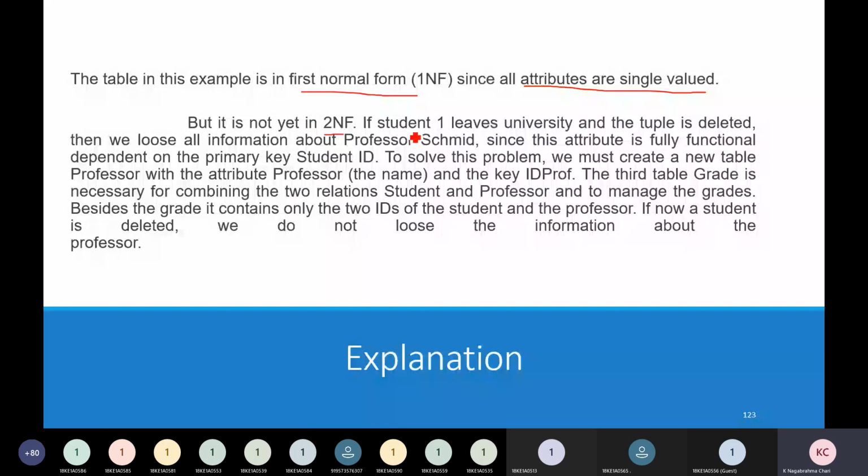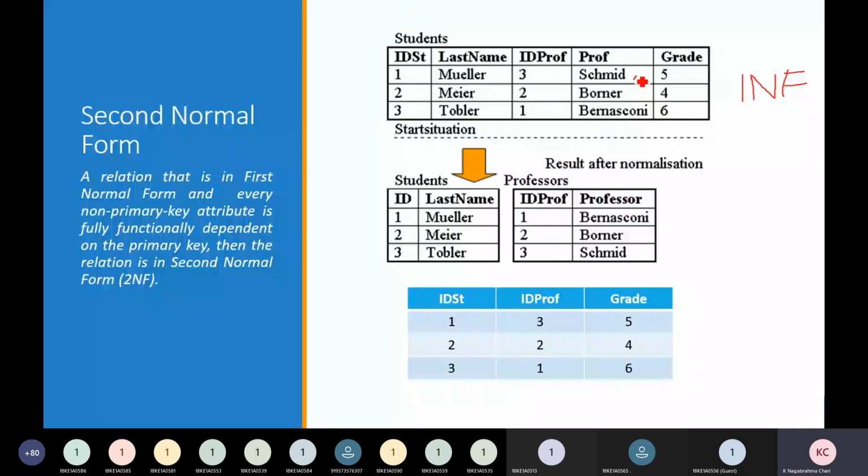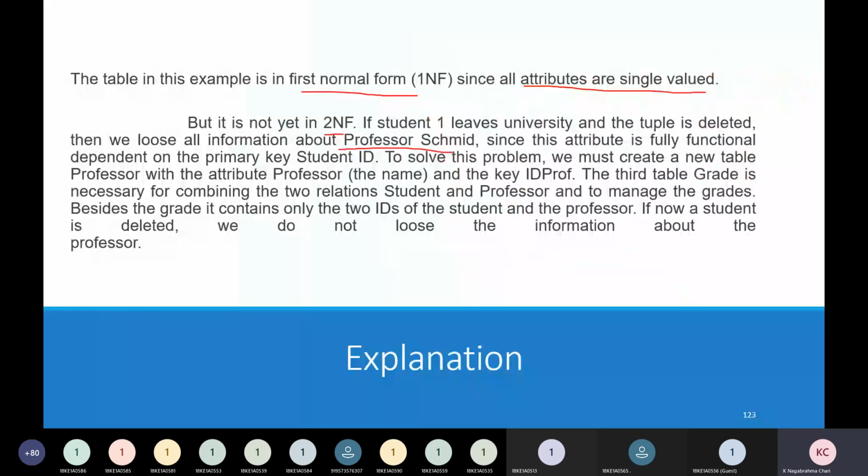Because if student 1 leaves the university, the entire row is deleted, so we lose all the information about the professor. Professors are permanent for the university, but if you delete the student data, it also deletes the professor data. We have to keep the professor data, since this attribute is fully functional dependent on the primary key, student ID.